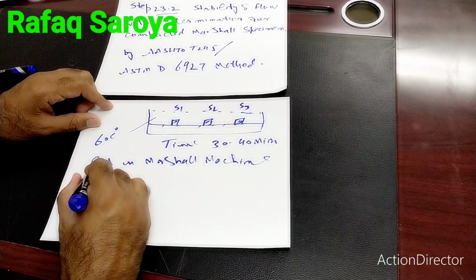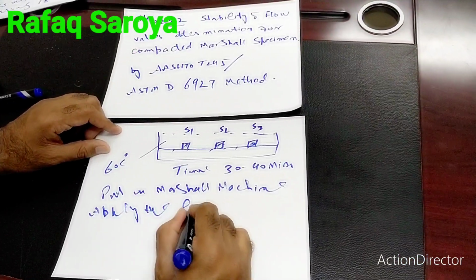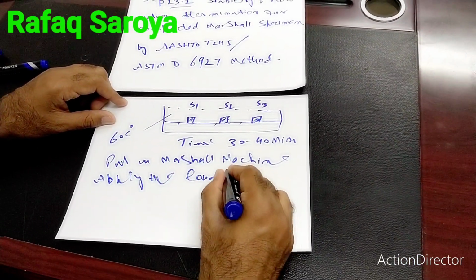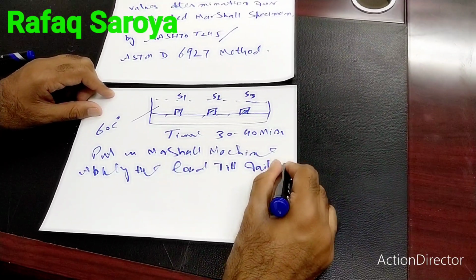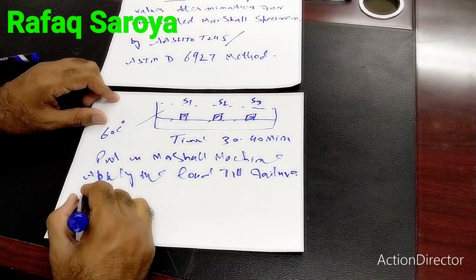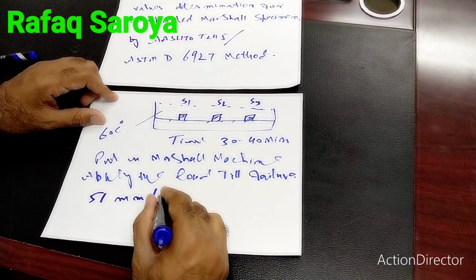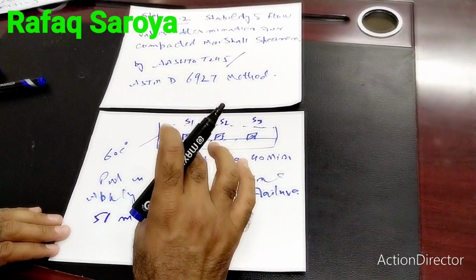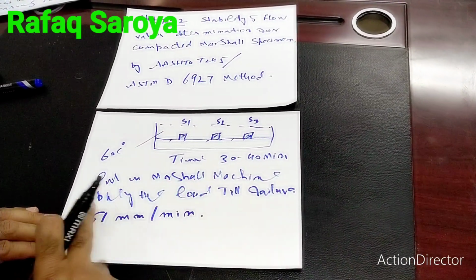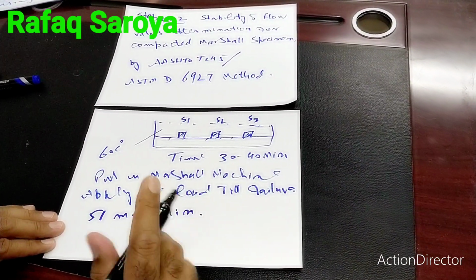Apply the load till failure, and the rate of application of the load is 51 millimeter per minute.